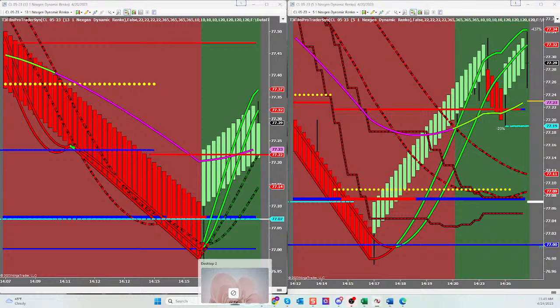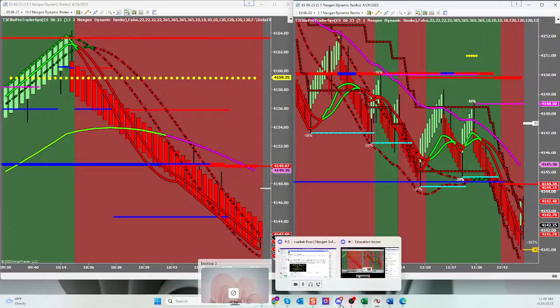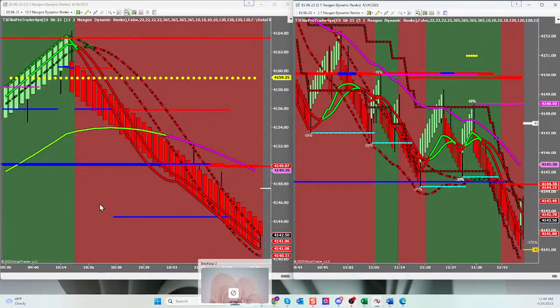Yeah, my crude oil chart is just dead. I think my computer needs some love. We're going to do a full rebuild today. It's fun to do. Maybe. I doubt it.